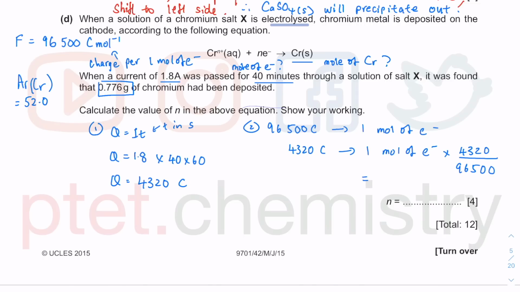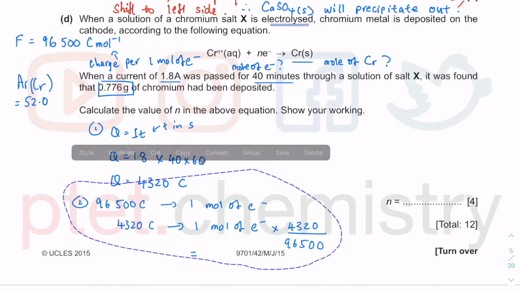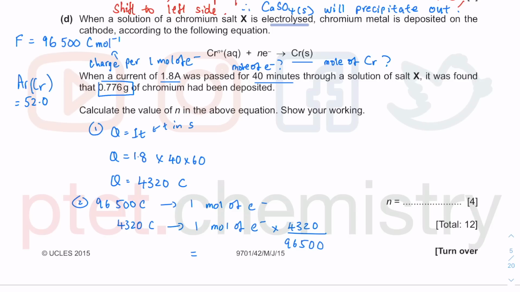I get 0.04477. I'm just going to use it to 4 significant figures. I do not want to round it to 3 yet, because this was 3 significant figures, 1, 2, and 3, the 0.776, 1, 2, and 3.